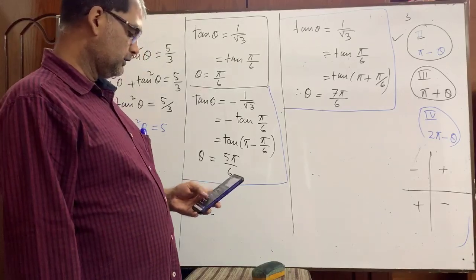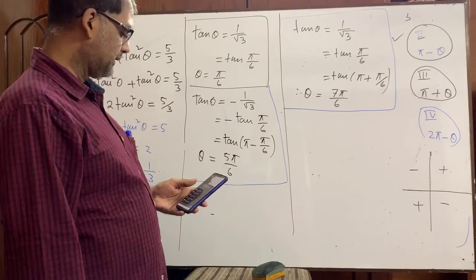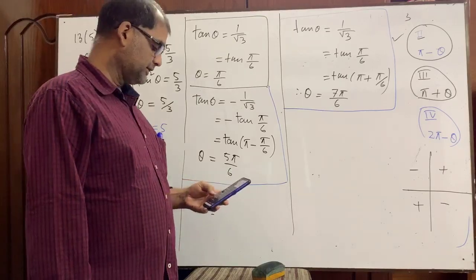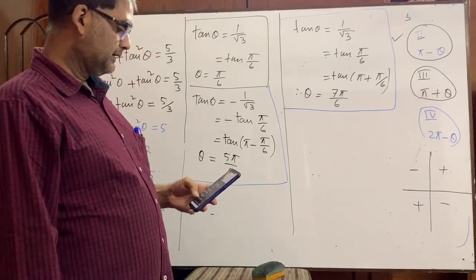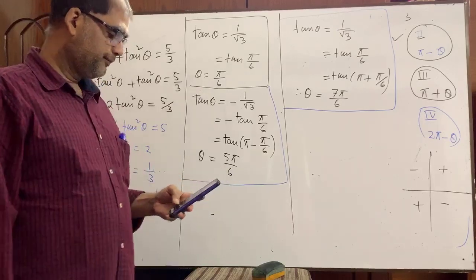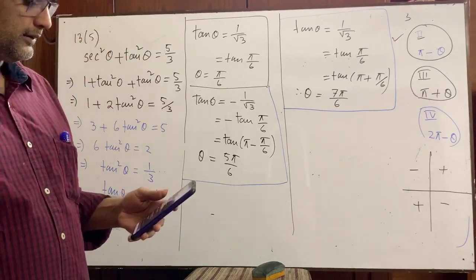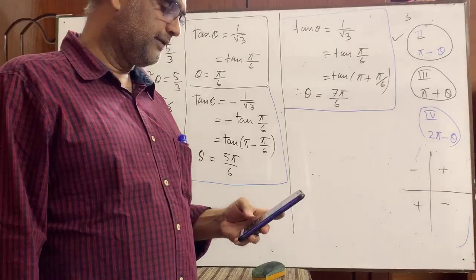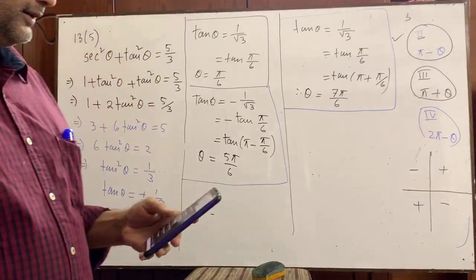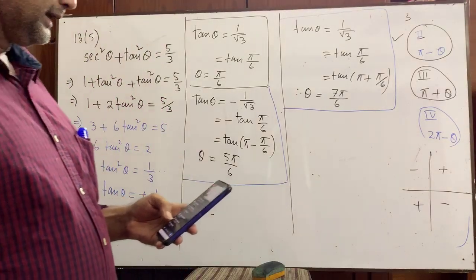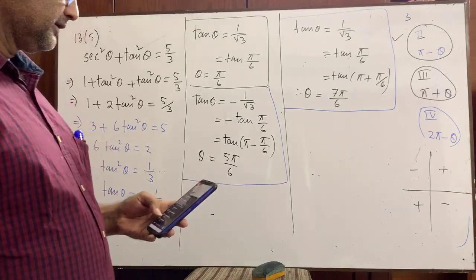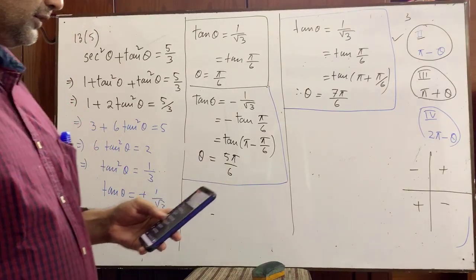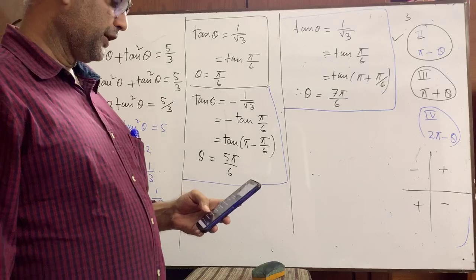Okay, someone has written 11 pi by 6. That's good. Zaid Yamin, then Nadia, Alfin Modi, then Razin Samad, Sadman Sadib Pranjol, Mariam Begum Nita.